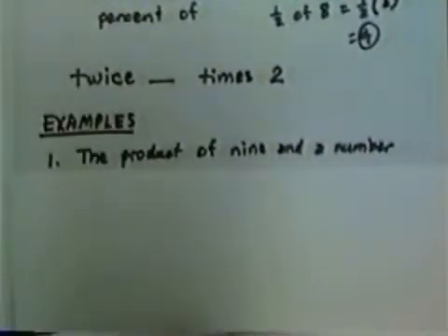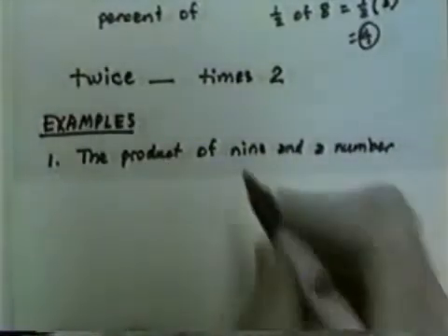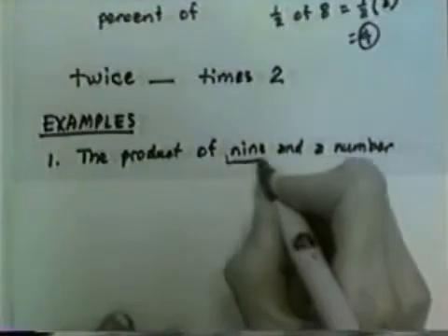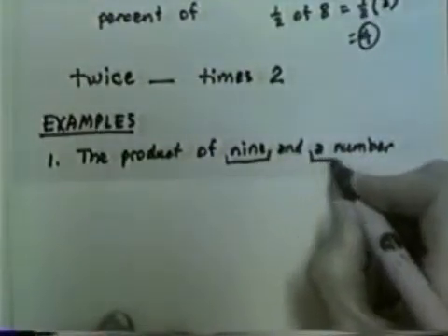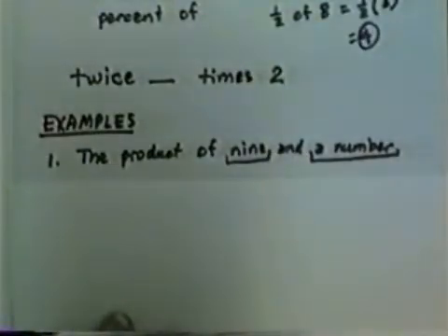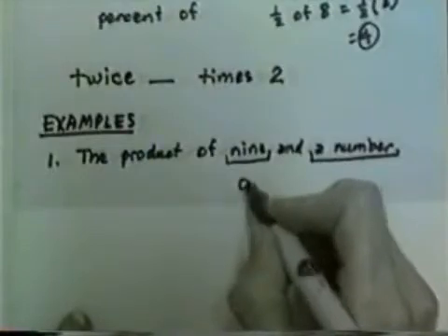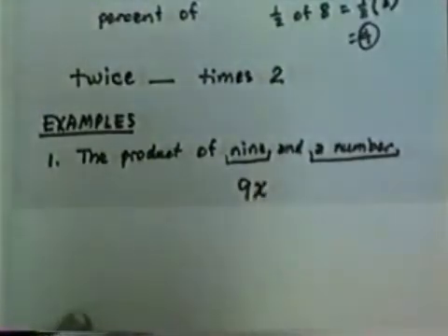Our first example, the product of 9 and a number. Product tells us to multiply. The two things we're multiplying are 9 and a number, separated by the word and. Let's use x to stand for the number, and we get 9x.